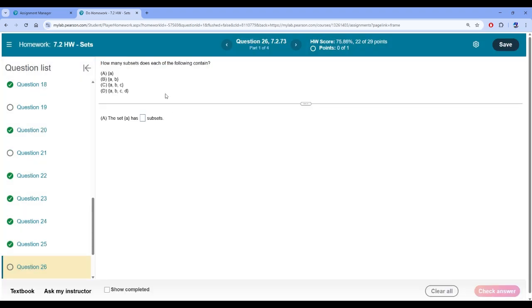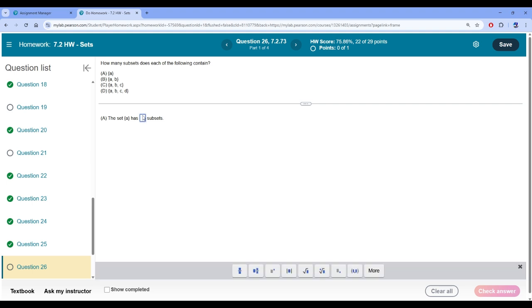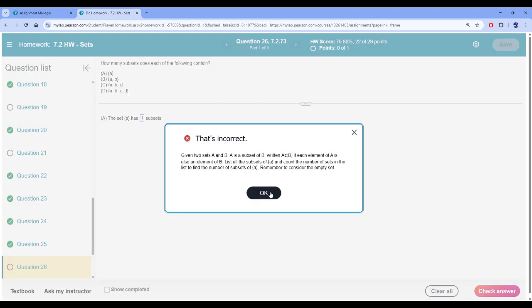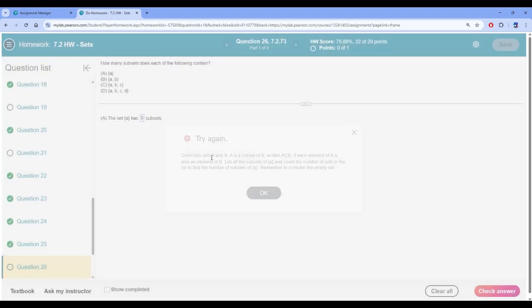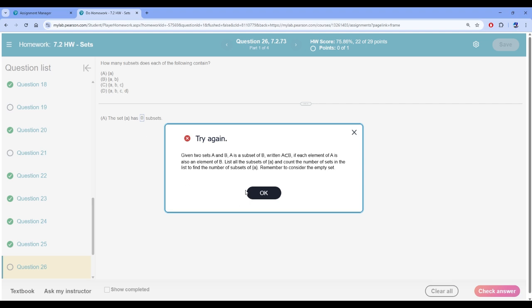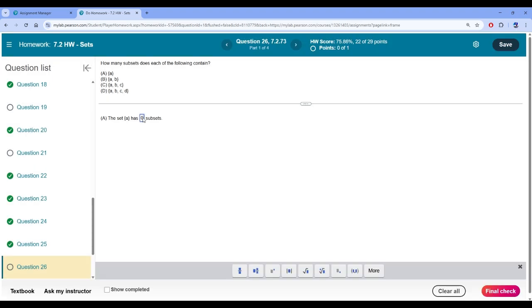How many subsets does each of the following contain? How many subsets? The set A has how many subsets? 0? I have absolutely no idea. What would the answer be?